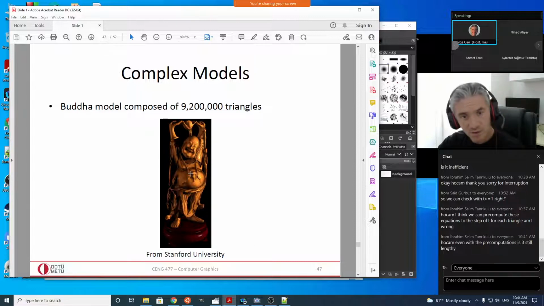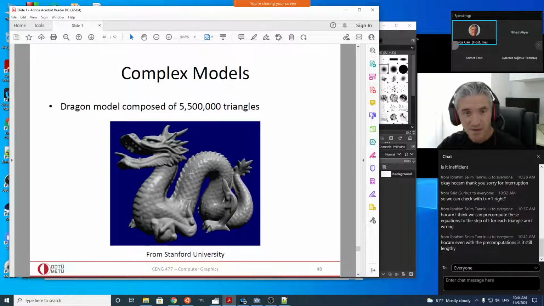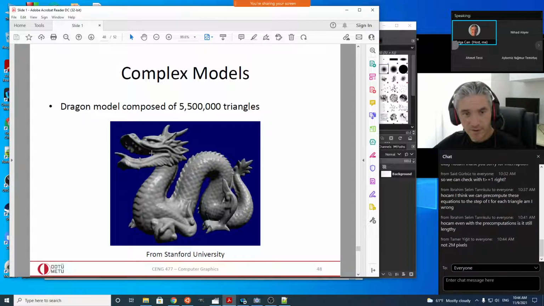This Buddha model is composed of 9 million triangles, and this one 5.5 million. There's no texture mapping on this one, for example. This dragon model is pure gray, but it's not only diffuse color. If you look at the shading, some parts are darker, and there is maybe an ambient component here as well, but you can also see some shiny spots.